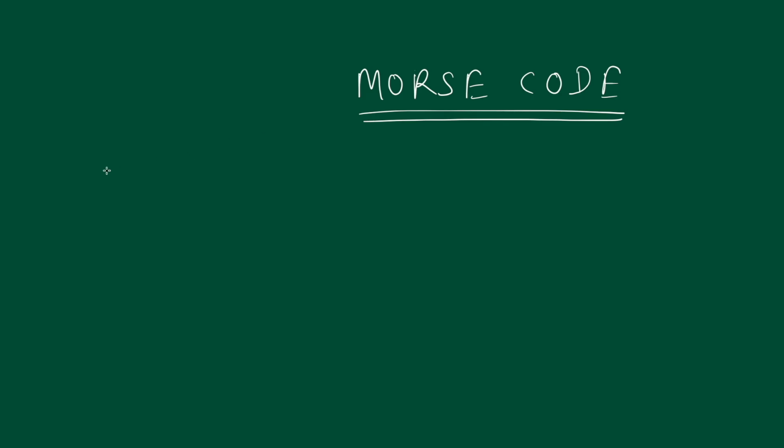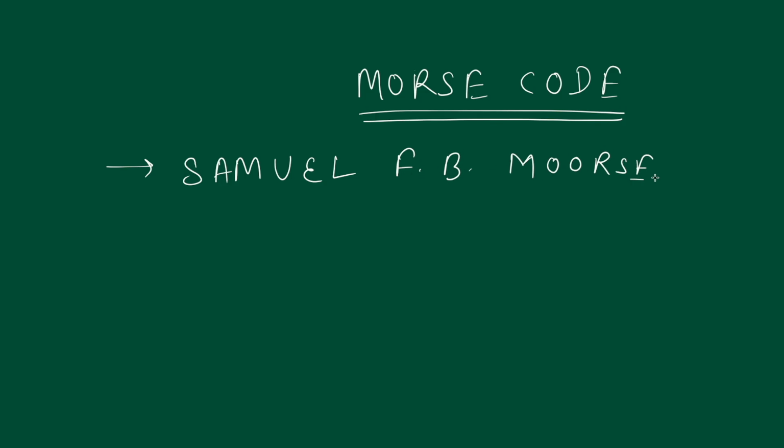So yes, this Morse code is named after the same person. It was invented in the 1830s, and it soon became a very popular way to communicate messages in code.